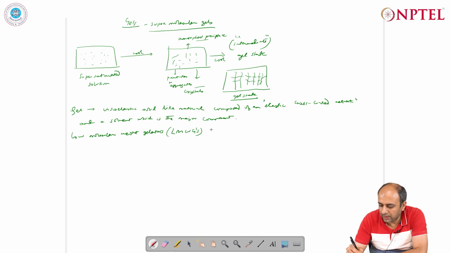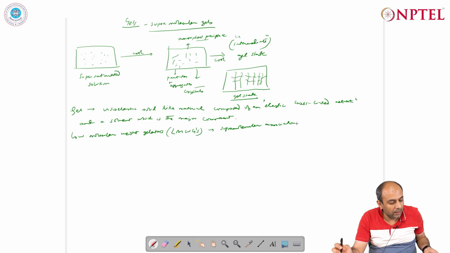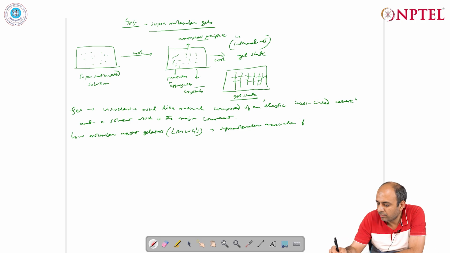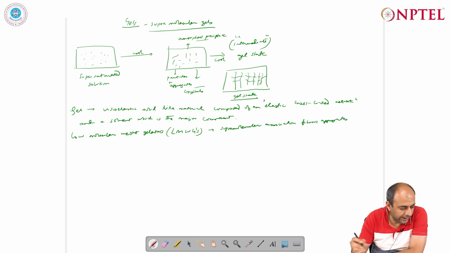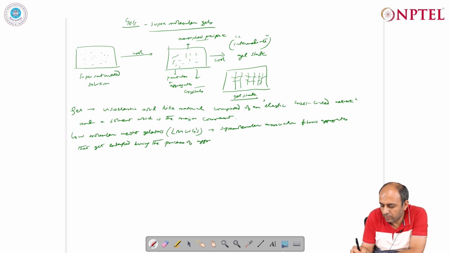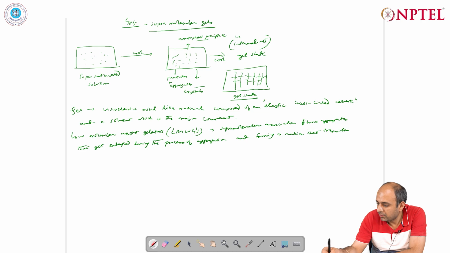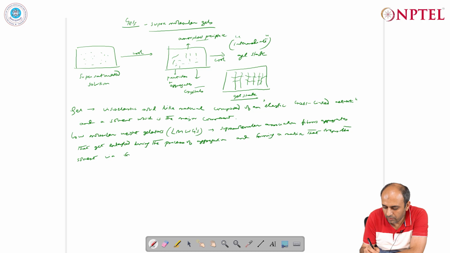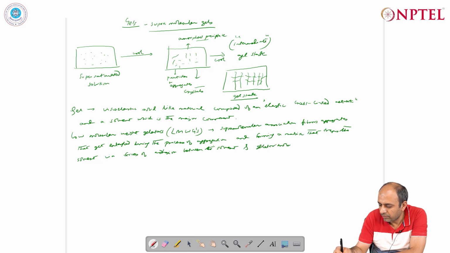So these low molecular weight gelators form the supramolecular association where they form fibrous aggregates that get entangled during the process of aggregation and form a matrix that traps the solvent via forces of adhesion between the solvent and the gelator molecule.